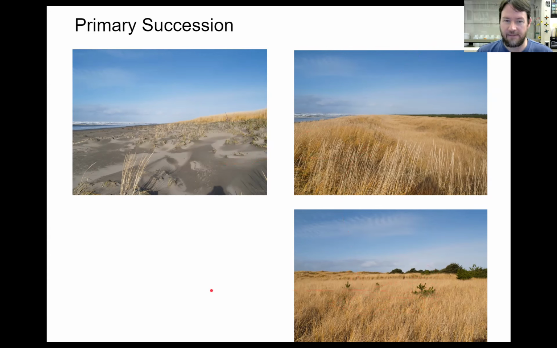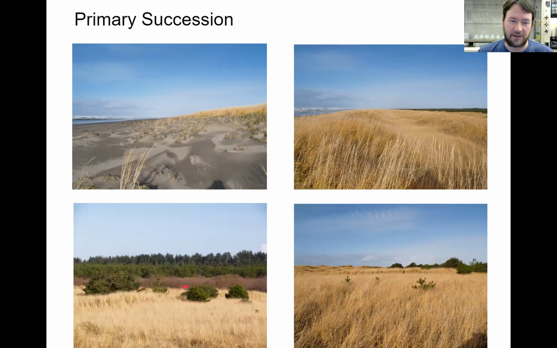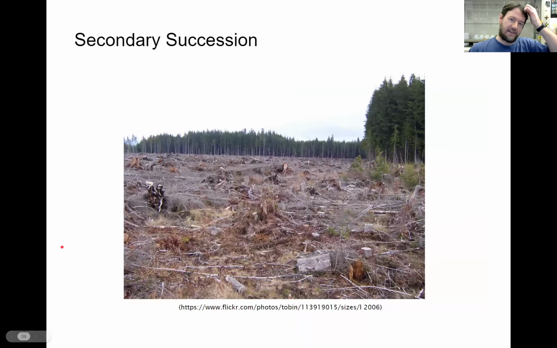And then over time, those shore pines give way to different, leafy shrubs, and eventually maybe a Douglas fir, spruce, red cedar and hemlock type forest. So, okay, that's primary succession.